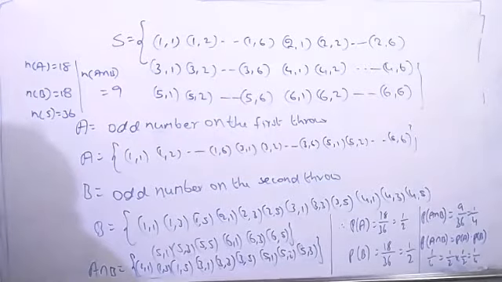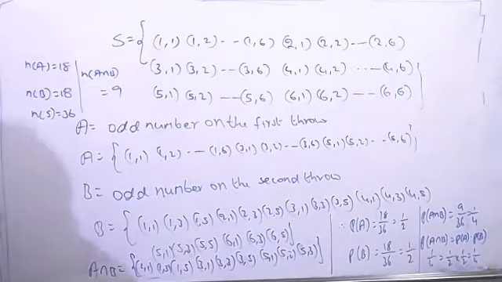Check whether A and B are independent events or not. What is that here now?